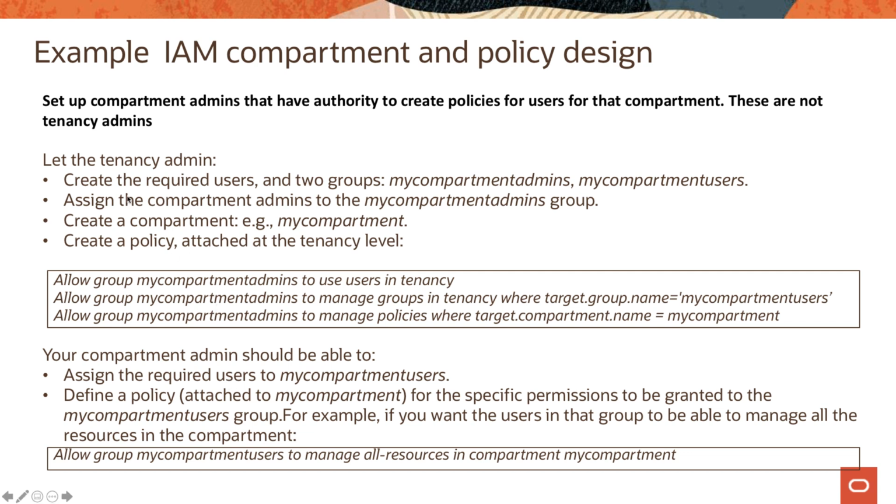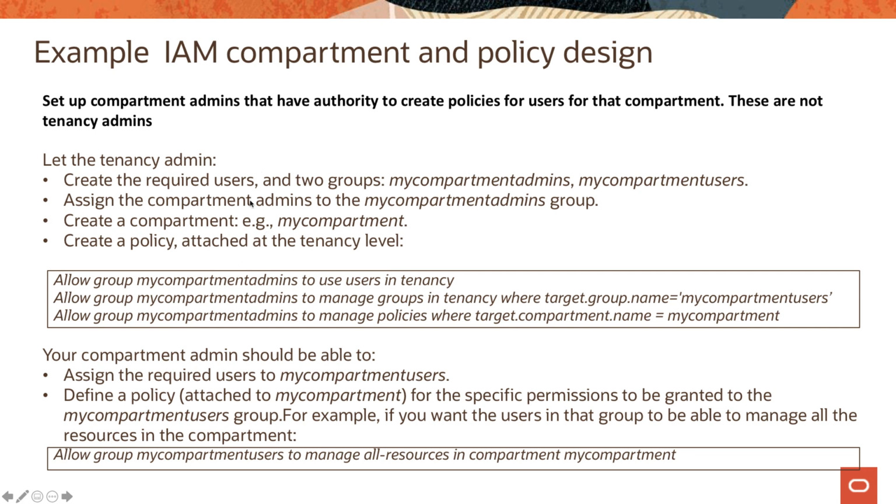So you have the users, but you create two groups for users called my compartment admins and my compartment users. So my compartment is actually the compartment for which you're creating the admins in this example.